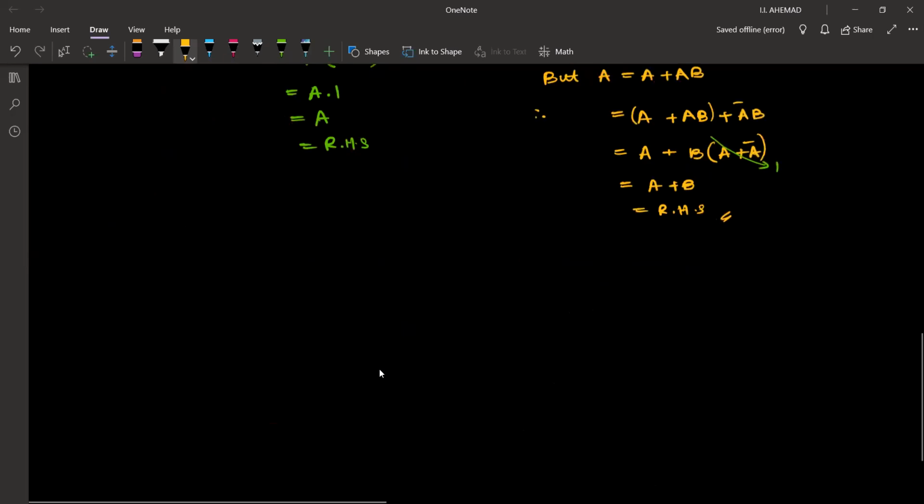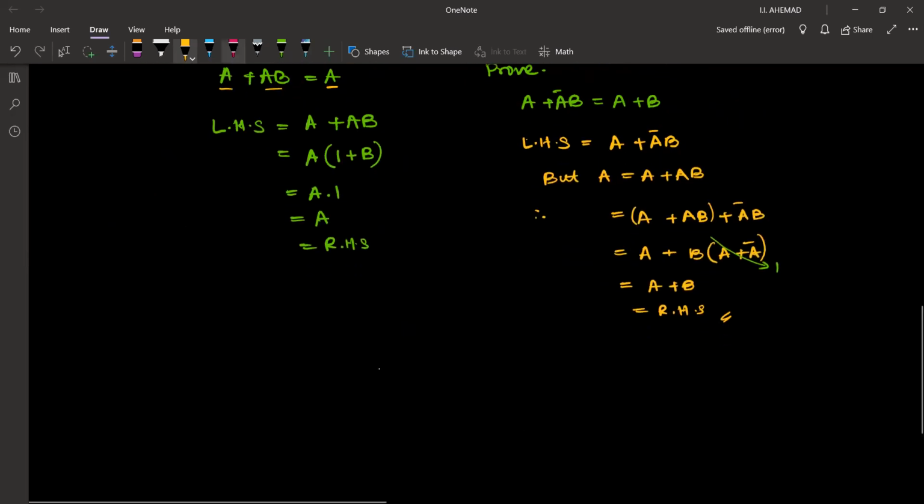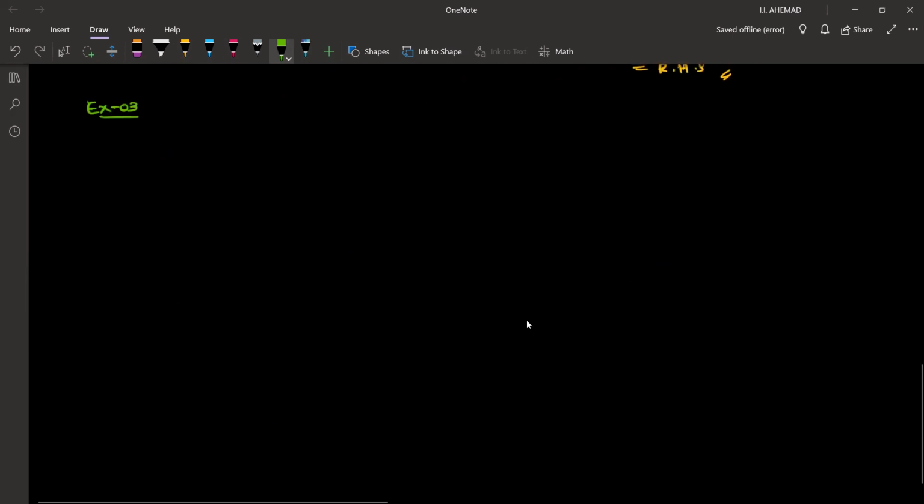Shall we try one more? Example 3. Show ABC plus AB bar C plus ABC bar plus A bar BC is equal to AB plus AC. Can you try?